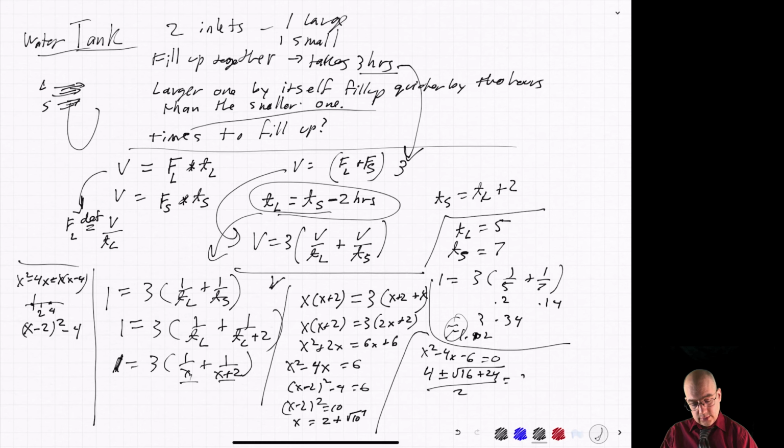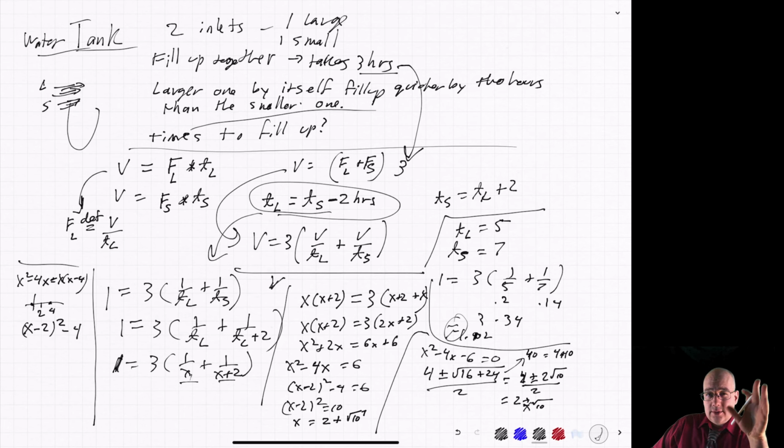So 2 plus or minus, this was 40, which is equal to 4 times 10. So I can pull out the 4, it becomes 2, square root of 10. Oh, sorry, I'll just do that slowly. And then 2 plus or minus the square root of 10. I cross out the minus because 2 minus the square root of 10 is negative, as the square root of 10 is slightly above 3. And there we go, 2 plus the square root of 10.